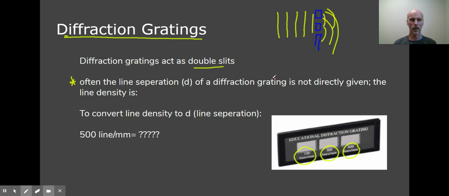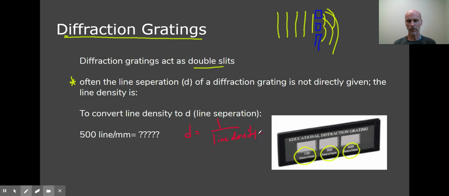So when given that information, we have to have a way to convert it to the D, which is what we want. Because this is not D, this is not a measurement of a distance or anything like that. I'll cut right to the chase for you. If you want to find D, D is always equal to 1 over the line density.